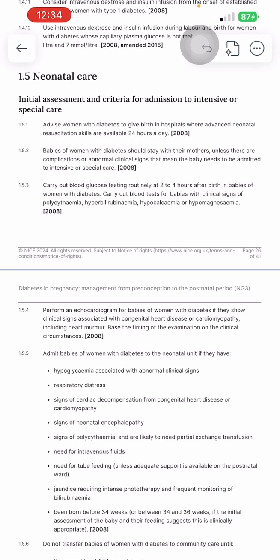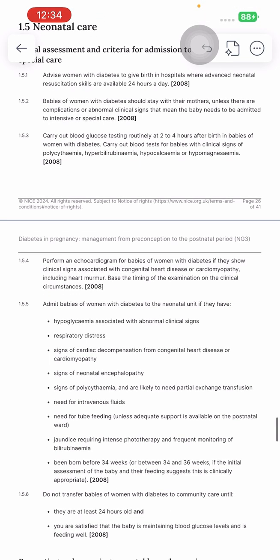Admission is indicated for respiratory distress, signs of decompensation from congenital heart disease, signs of neonatal encephalopathy, signs of polycythemia, need for IV fluids, need for tube feeding, jaundice requiring intensive phototherapy, and babies born before 34 weeks. Assessment of the baby suggests that they should not be transferred to the woman's postnatal ward until at least 24 hours old, and you are satisfied the baby is monitoring blood glucose level and feeding.